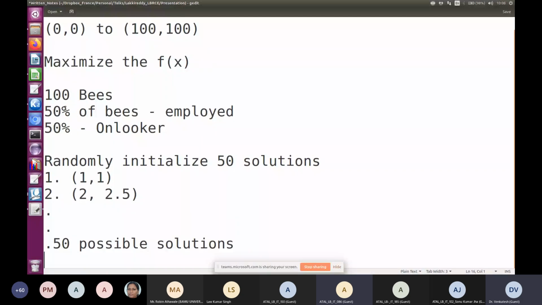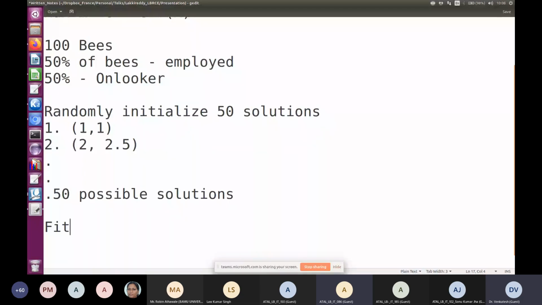Once they are associated with the employed bees, what will happen? Fitness evaluation will be done. For every possible solution, the fitness value will be calculated. So f(1), what is the value, and f(2), what is the value.